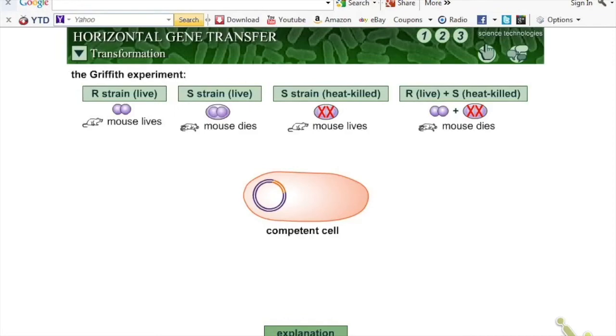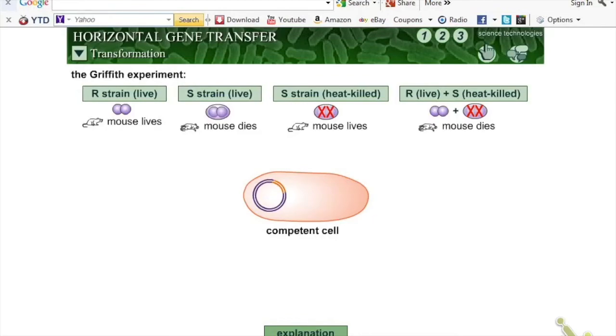A while ago, we also discussed how Staphylococcus becomes pathogenic, becomes virulent by having a phage treatment, because the phage or bacteriophage is a virus that could deliver the genes.